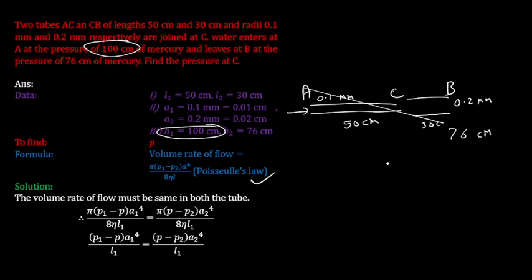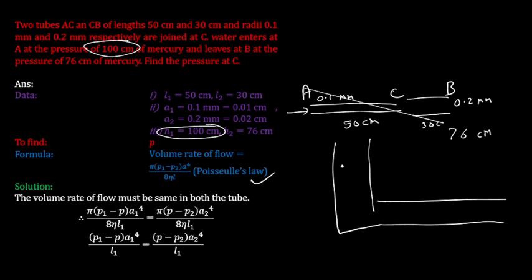Poiseuille's setup basically consists of a horizontal tube and a vertical tube attached to it from one end. In the vertical tube, we have a liquid, and the weight of that liquid pushes the liquid in the horizontal tube.